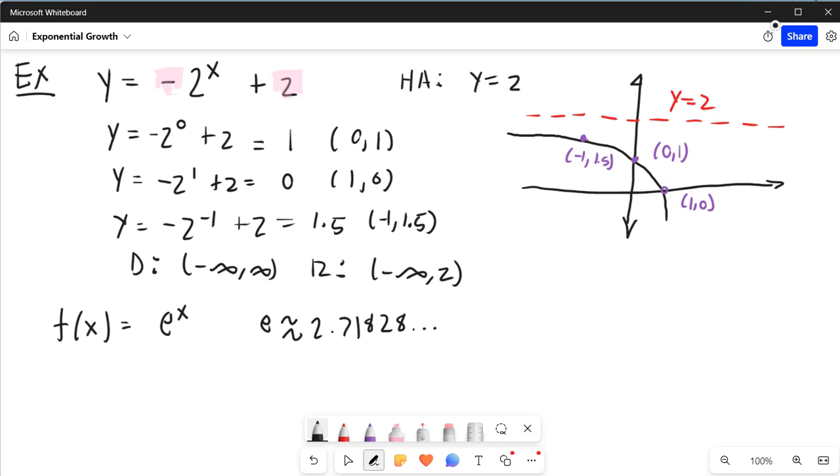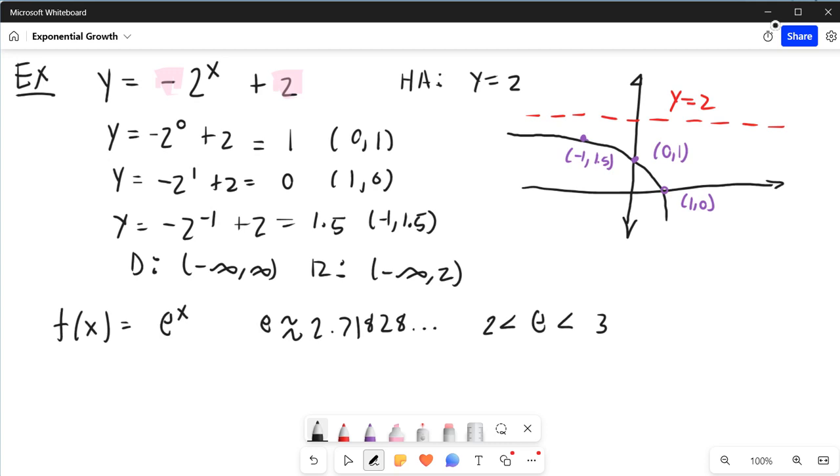And if we were to look at this function, we could ask, what if we looked at the graph of it? See how the constant e is less than 3 but greater than 2. So we know that it's somewhere between 2 and 3.